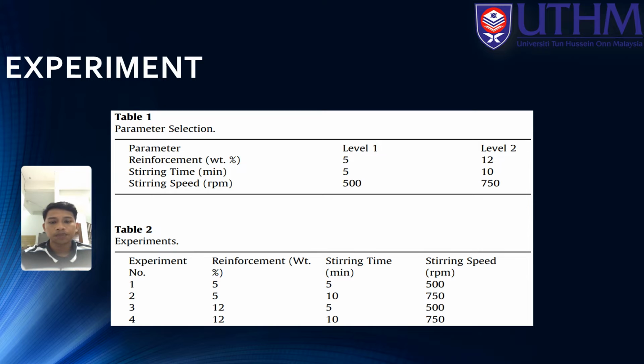For level 2 will increase: reinforcement 12, stirring time per minute 10 and stirring speed RPM increased to 750. For Table 2, in this experiment, we have experiment number, reinforcement, stirring time in minutes, and also stirring speed in RPM.